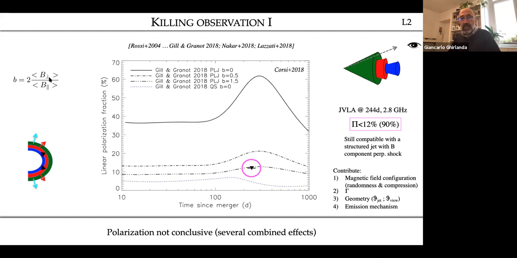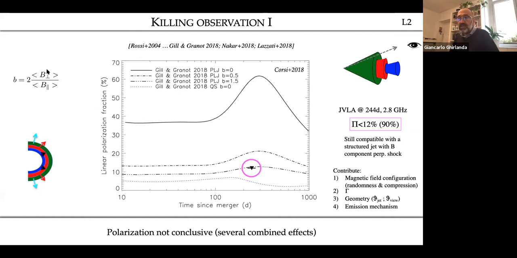As you see in this plot, by changing the parameter B, which measures the intensity of the magnetic field in the plane perpendicular to the shock with respect to the parallel one, you can, also in the case of a structured jet, lower substantially the polarized emission by increasing the fraction of the magnetic field component perpendicular to the jet.